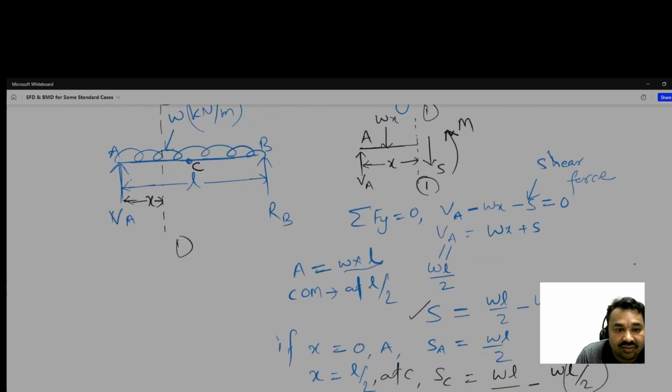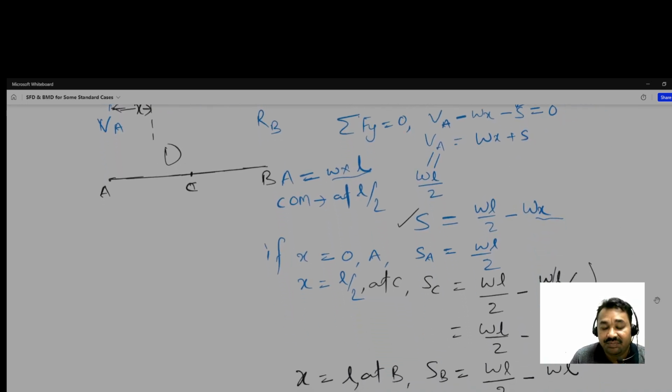Okay. So how will it be? This is A, this is B, this is C. So at C the value is 0. What about SA, whether it is positive or negative?